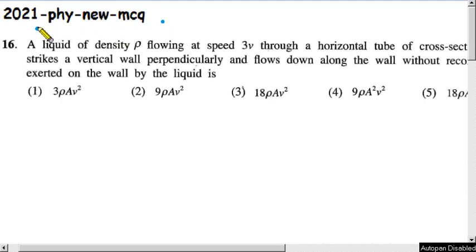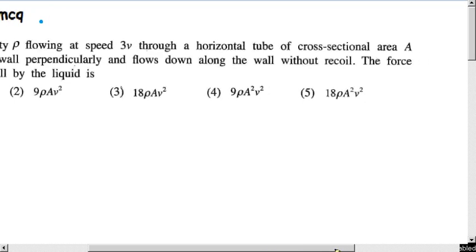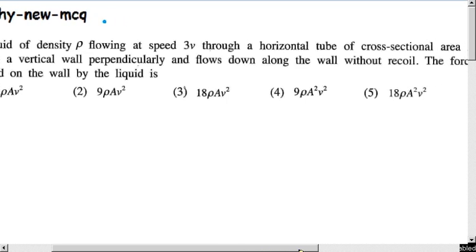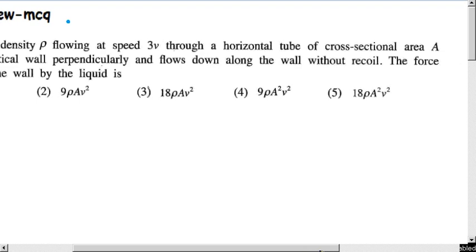Children, today I am going to discuss question number 16 from the MCQ part of 2021 Physics New Syllabus paper. A liquid of density rho flowing at speed 3 times v through a horizontal tube of cross-sectional area capital A strikes a vertical wall perpendicularly and flows down along the wall without recoil.